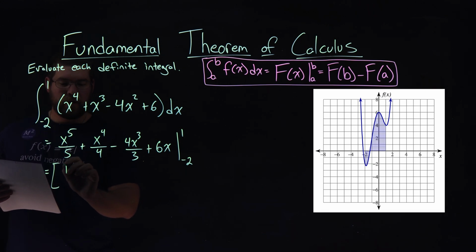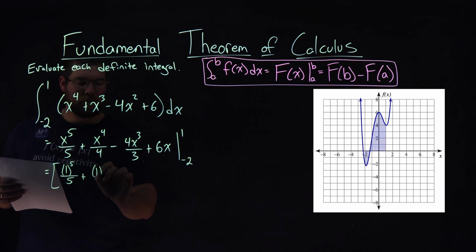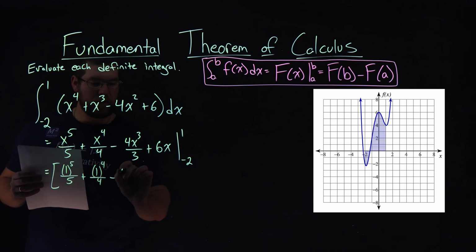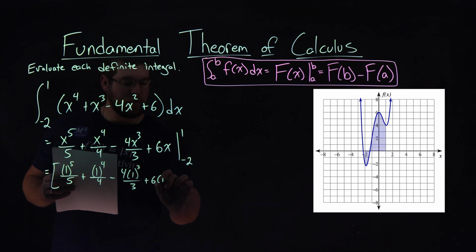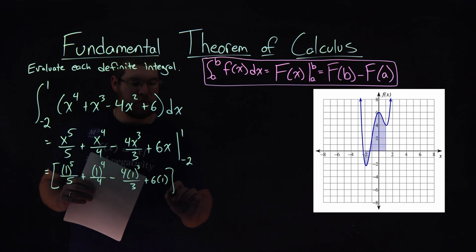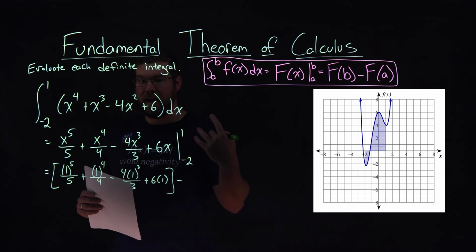So we have 1 to the fifth power over 5 plus 1 to the fourth power over 4 minus 4 times 1 to the third power over 3 plus 6 times 1, right there. Close the bracket. Subtracted by, same thing, we plug in a, -2.